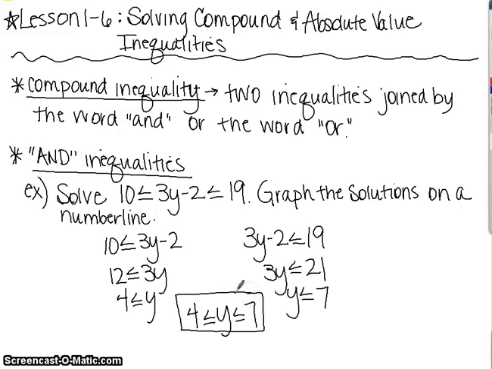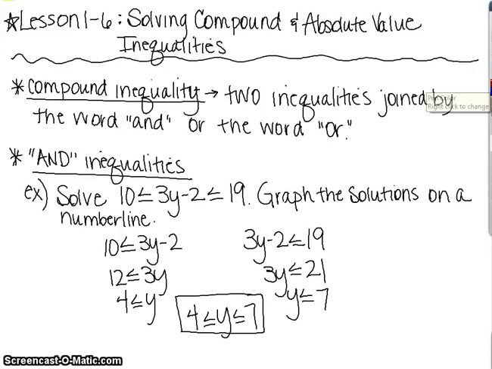With an and inequality, you're definitely going to want to do that. A way to check yourself is to make sure that these signs are both opening toward the right. You don't want them to get backwards. That is not correct. So make sure that you're writing your signs the correct way.